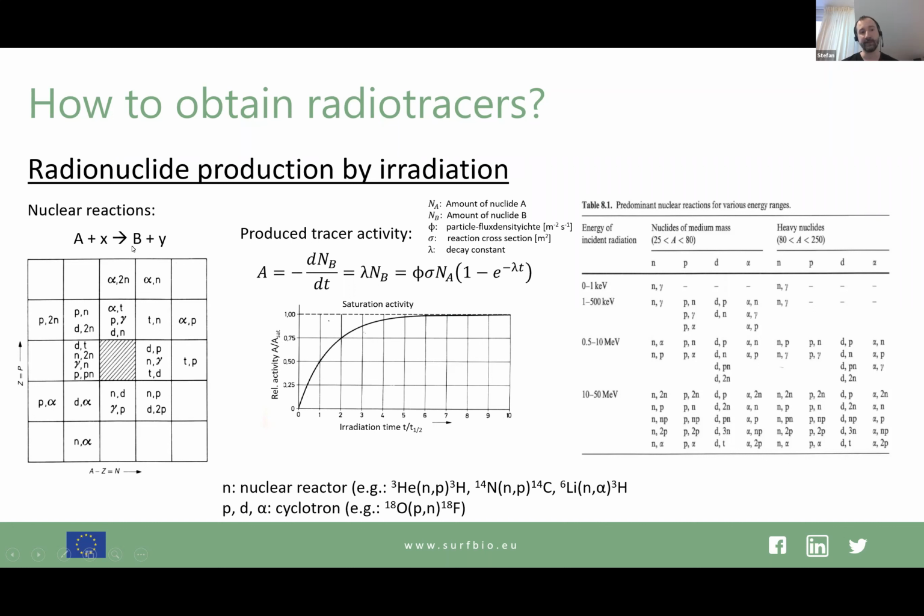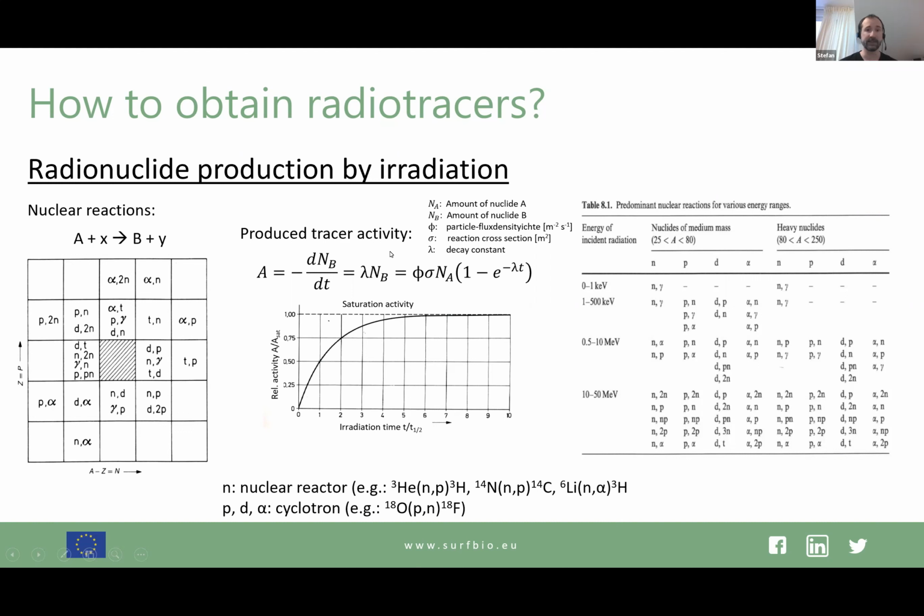By this, I trigger a nuclear reaction, transform the nuclide into B, and I have an exit projectile also. This typically happens in nuclear reactors, where you use neutrons as a projectile, or at cyclotrons, so small particle accelerators where you can use protons, deuterons or alpha particles to induce these sorts of nuclear reactions.